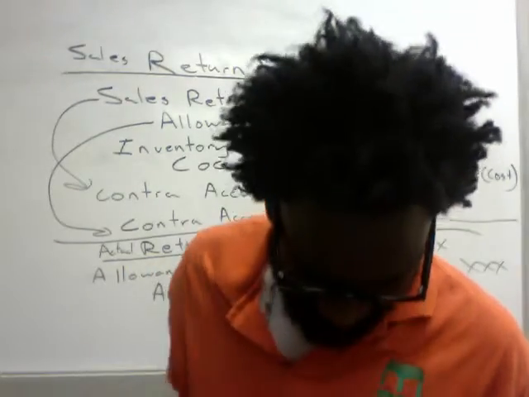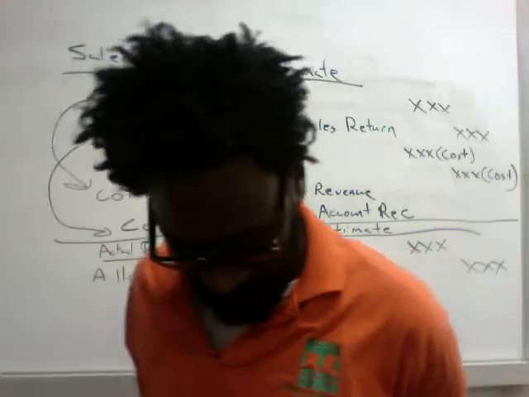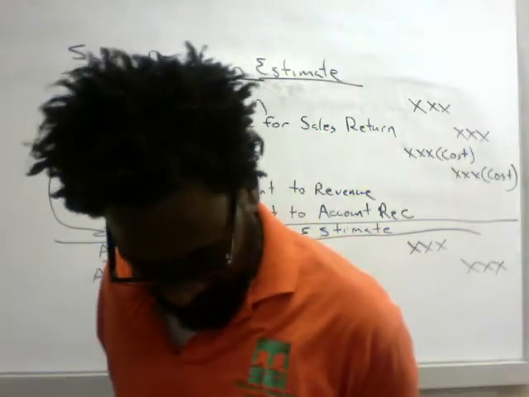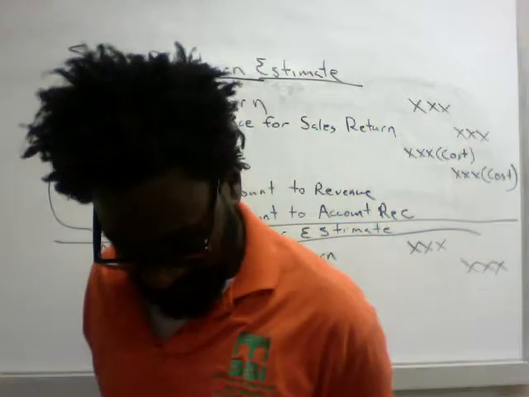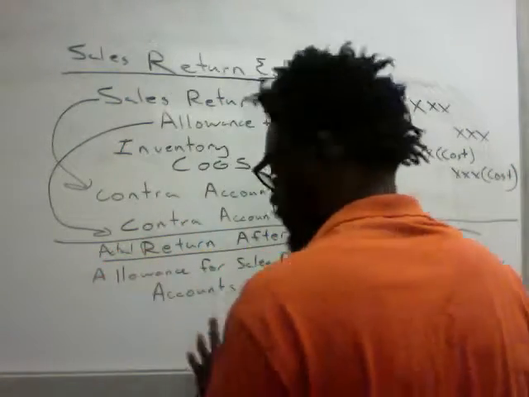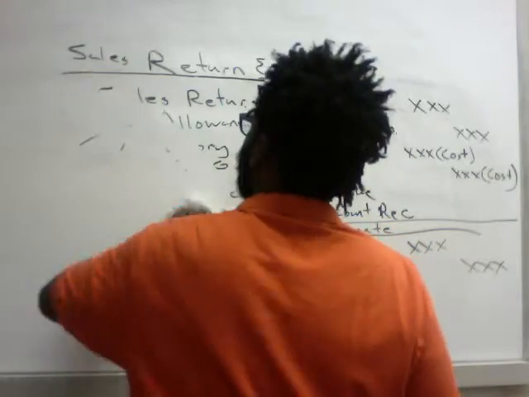This example says that the company allows the customers to return merchandise for any reason up to 90 days after the delivery. It says the company begins the year with an allowance for sales returns of $300,000. So I'm going to erase all of this stuff because we're going to need this.